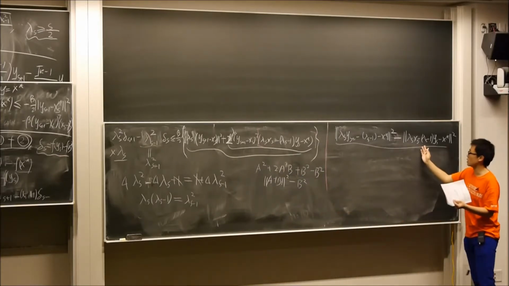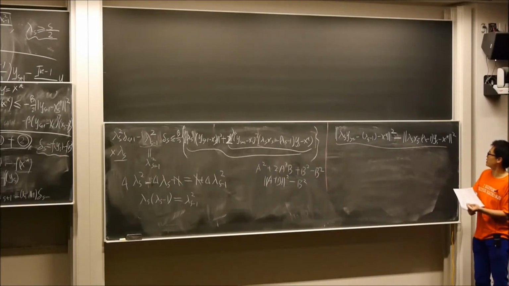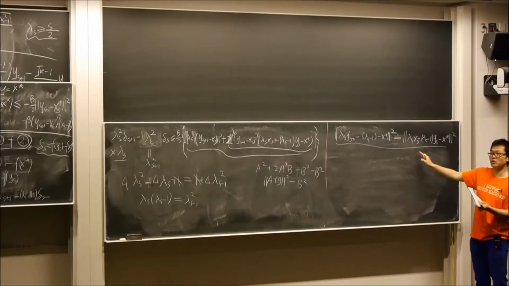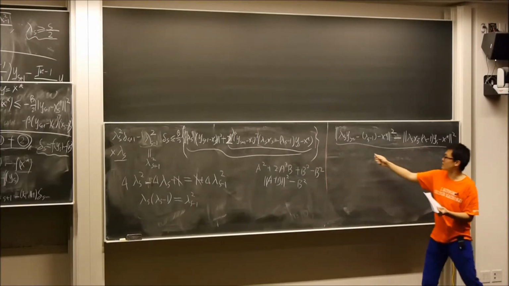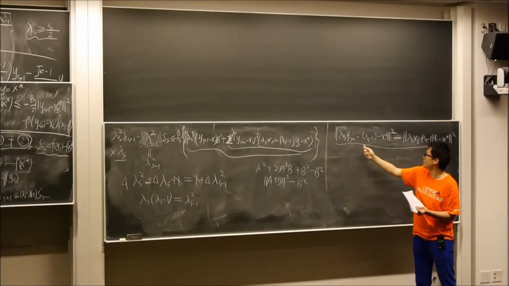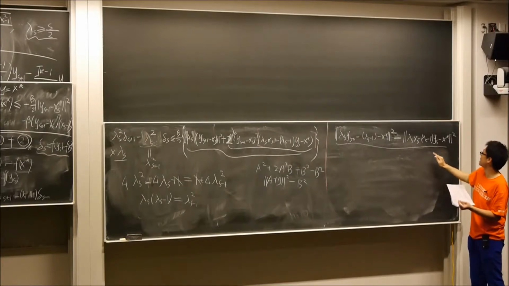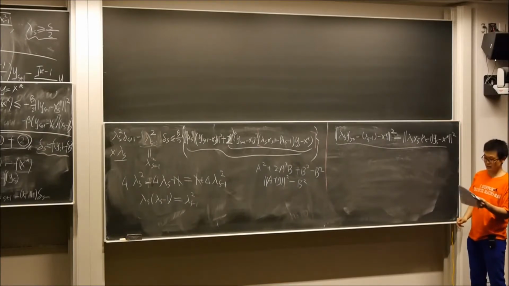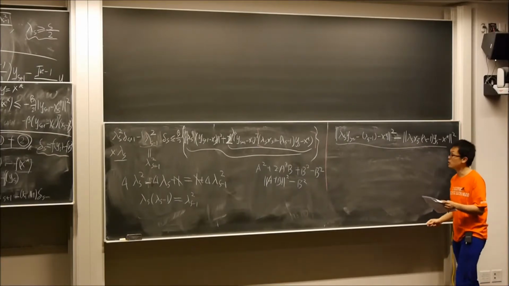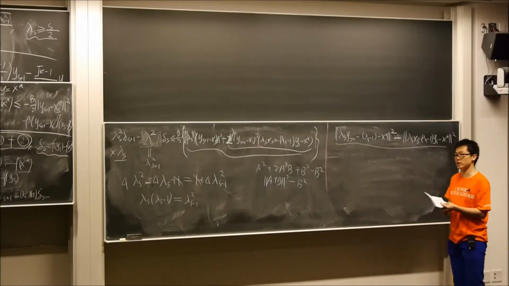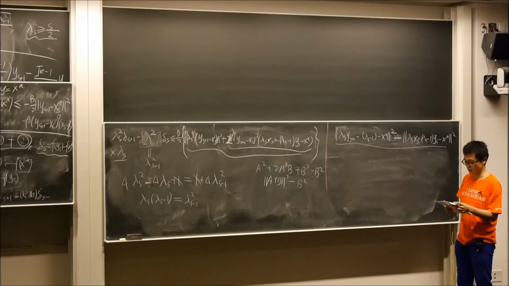But it doesn't look like this can cancel out in the telescoping sum, because this is s plus 1, and this is also s. On the right-hand side, we have everything nicely as s. So maybe this term is something we need to change in order to construct a telescoping sum.